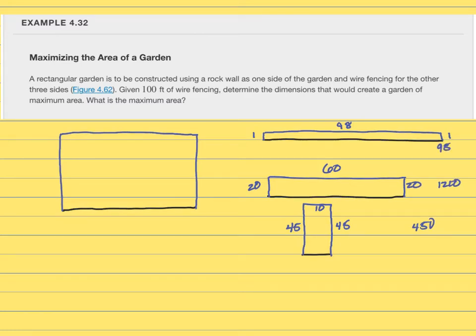Obviously, depending on how we build our fence, we're going to get gardens of different area, all using 100 feet of fence. And so the question is, how can we do this so we get the most area? Obviously, 98 is not very much area. 1,200 seems like a lot, but is that the most?